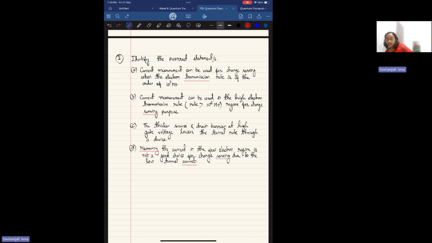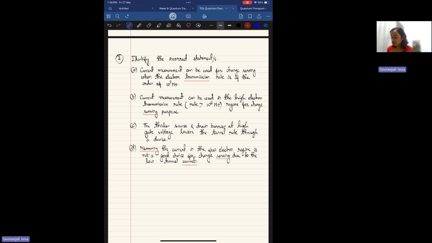Question number 2: you need to identify which is the incorrect statement from the given options. Option A, current measurement can be used for charge sensing when the electron transmission rate is of the order of 10 to the 3 Hz, or you can say kilohertz. Option B, current measurement can be used in the high electron transmission rate regime, greater than megahertz, for charge sensing purposes.